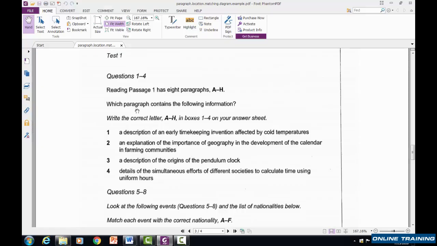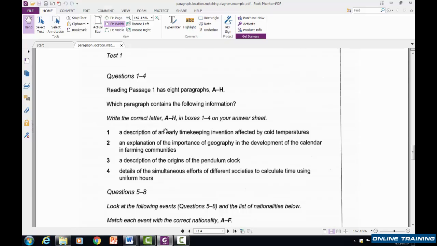But when I'm doing this, like I've told you, you don't do the paragraph location question first. Okay, because it doesn't go in order, and if you try to do it first, you're going to end up reading the whole reading passage and wasting all your time. So we wouldn't do the paragraph location question first.